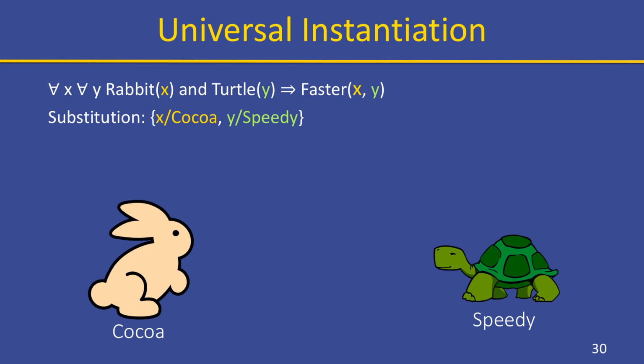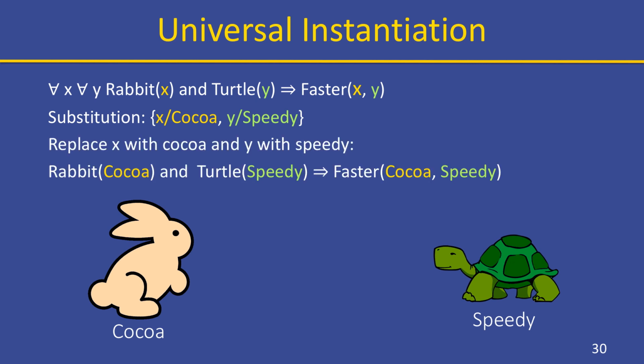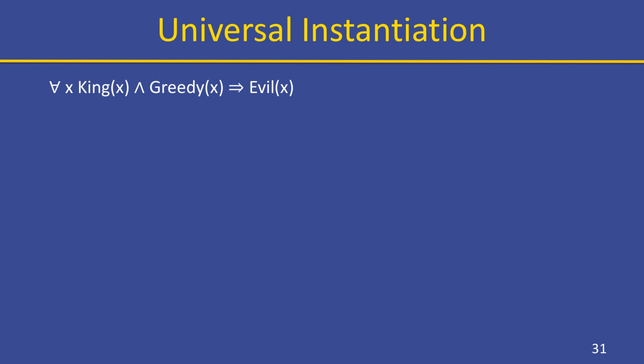We get rabbit Coco and turtle Speedy implies faster Coco Speedy. So the rule is telling us that this last sentence, rabbit Coco and turtle Speedy implies faster Coco Speedy, is entailed in the universally quantified sentence above. That makes perfect sense. If the sentence is true for all x and for all y, it must be true for Coco and Speedy.